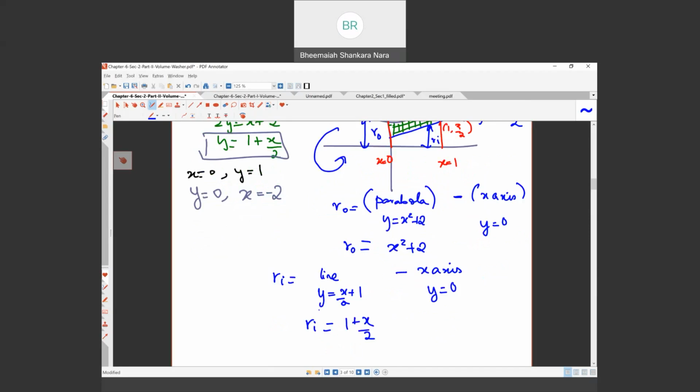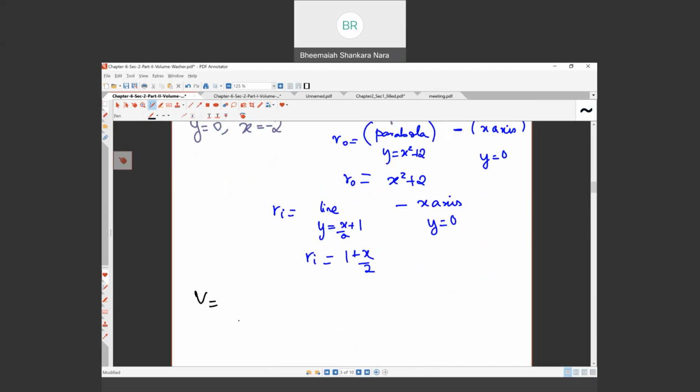Now we have r sub 0 and r sub I. So all we do is plug into the volume formula. This is the integral from x equal to 0 to 1 of pi r sub 0 squared minus pi r sub I squared times dx.